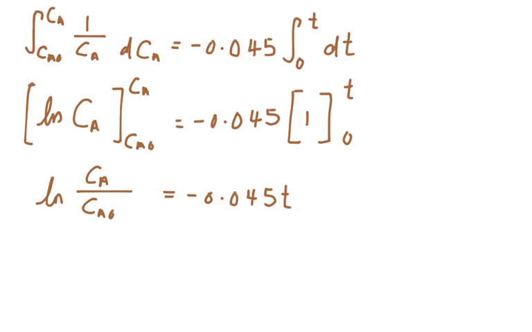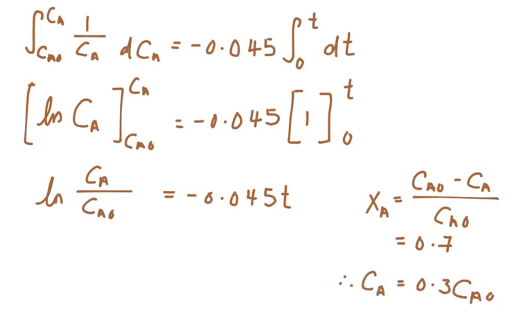Now, it is mentioned that the conversion is 70%. It means that your XA, which is essentially (CA0 - CA)/CA0, equals 0.7. So if you calculate them, your CA will be equal to 0.3 CA0.